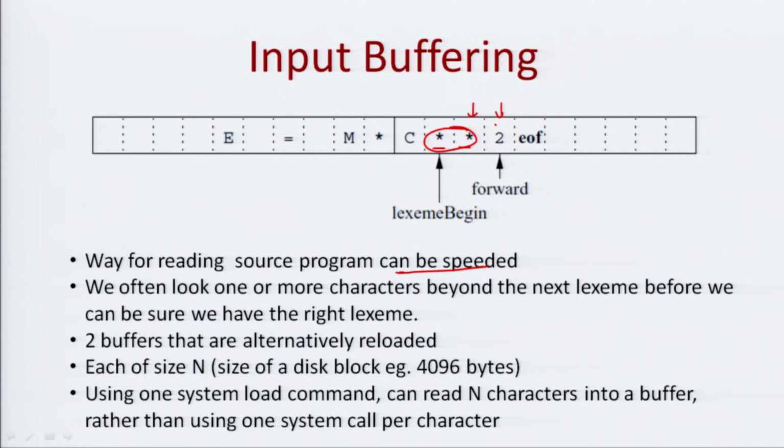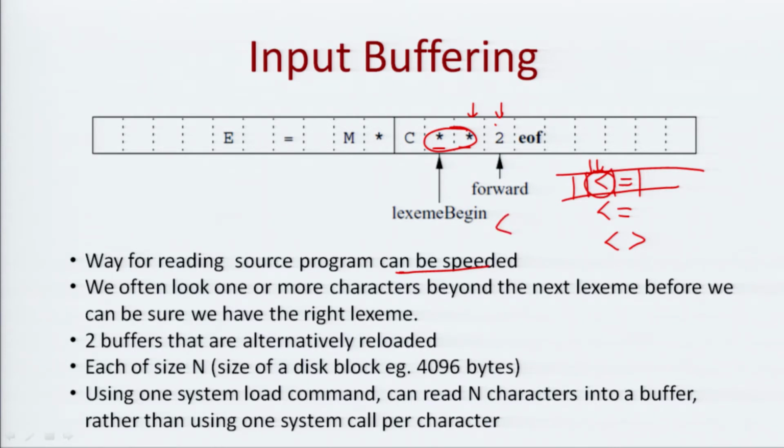The reason is, suppose in a programming language we have operators like less than, less than or equal, not equal, and so on. Suppose in the input buffer we have less than or equal. The lexeme beginning pointer and forward pointer are at this cell, and here we get less than, which also matches a particular category, the less than operator.